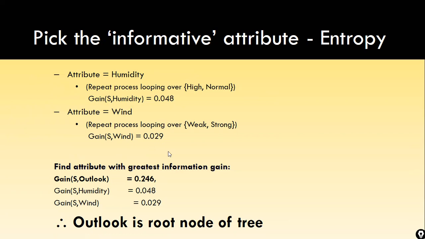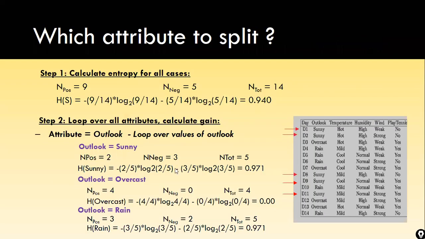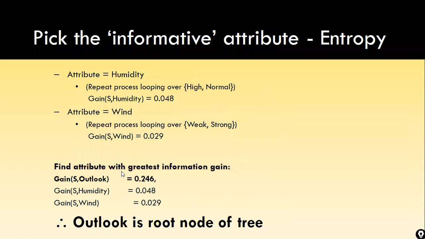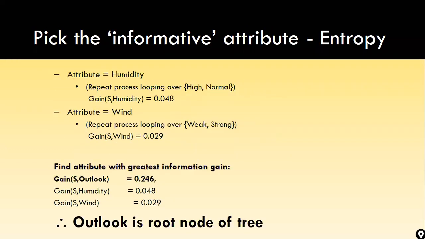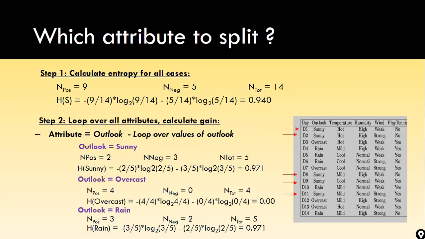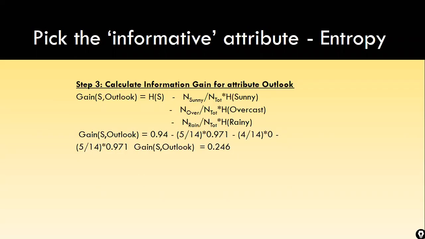Gain is 0.09. If you look at these three columns, the outlook we already computed. The outlook is 0.246 we are getting it, right? 0.246 we are getting it. And how did I get this one?